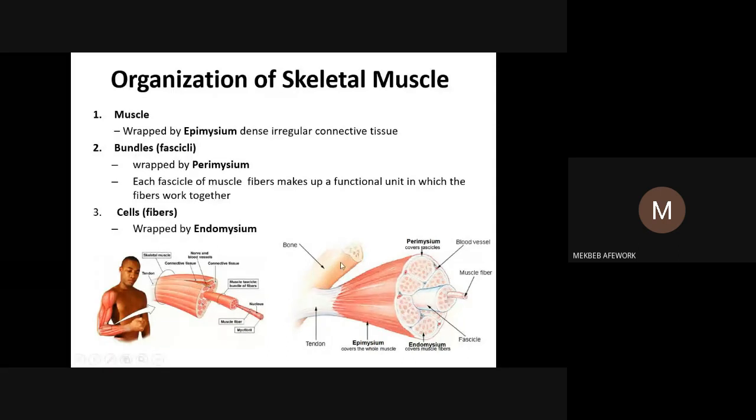Such fascicles are wrapped by perimysium. Then individual muscle cells, which are elongated and as a result named muscle fibers, are covered by endomysium. So that's how our muscles are organized.